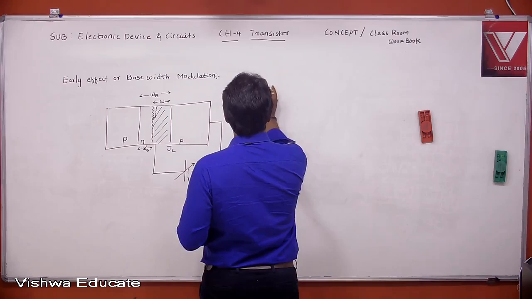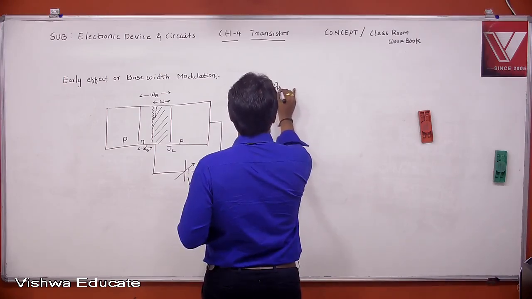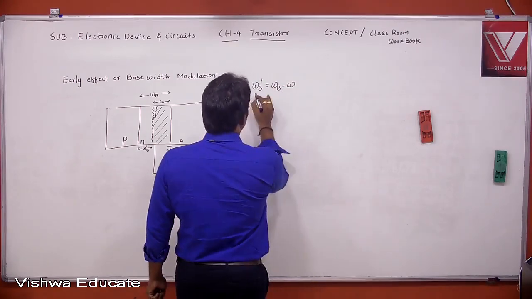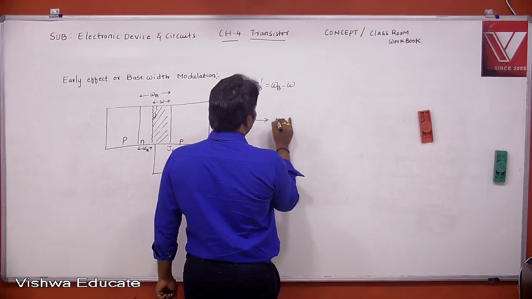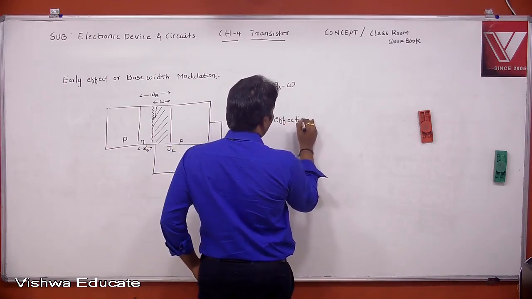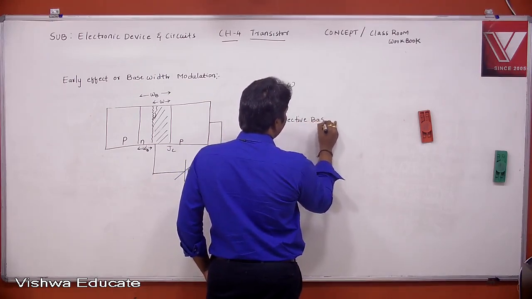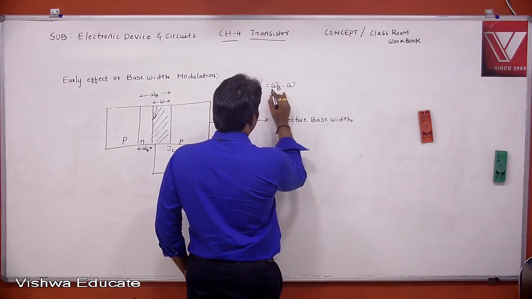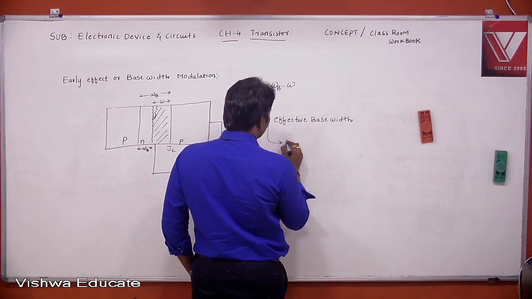See all of you, WB dash is nothing but WB minus W, right? Where WB is the effective base width, and what is W?